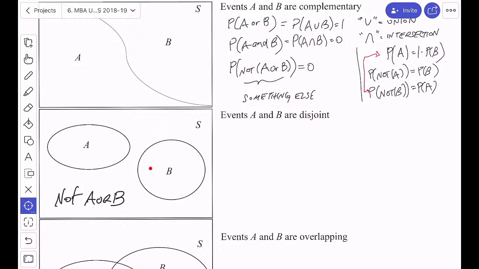I mean, they don't overlap. So let's see. Without knowing the values, could we figure these out?